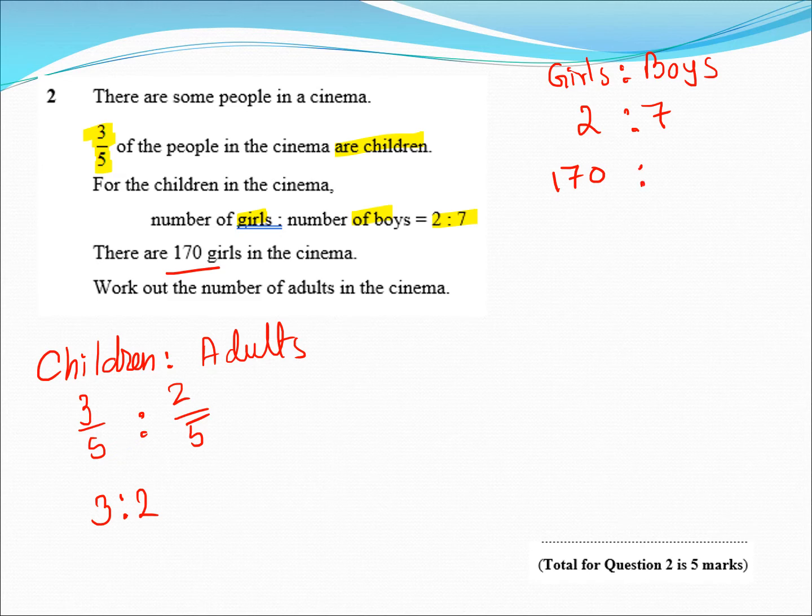I need to work out the number of boys. 2 multiplied by something gives you 170. I can work it out by doing 170 divided by 2, which gives me 85. So I have to multiply the 7 by the same number to get the number of boys.